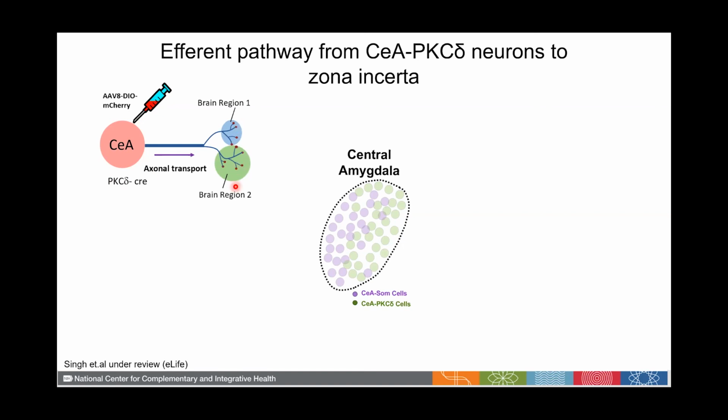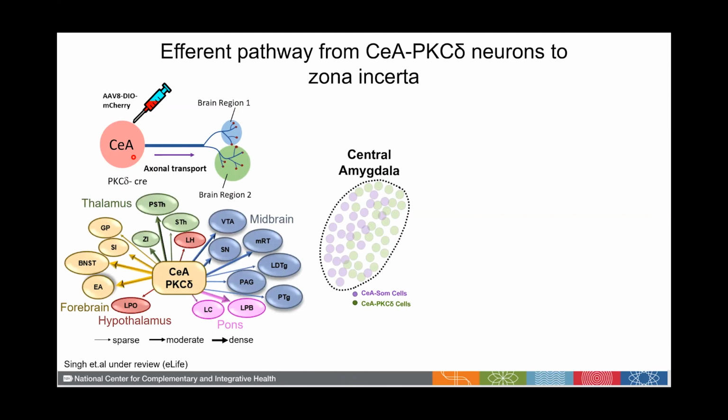And we looked at areas in the whole brain that had terminals coming from the CEA. This very labor-intensive analysis revealed 17 different brain structures that receive inputs from PKC delta expressing neurons, and they're everywhere in the brain, basically, except the cortex.